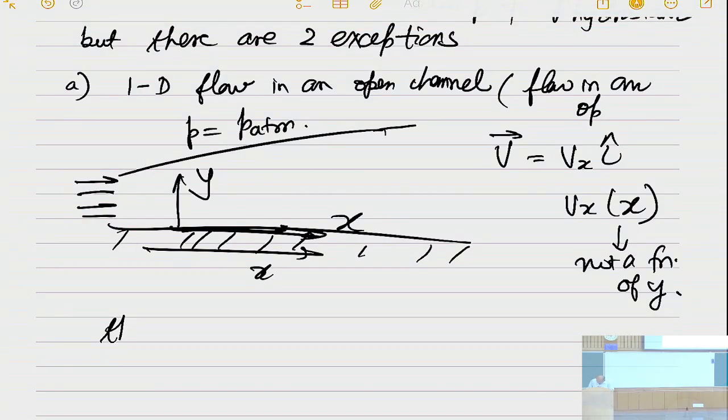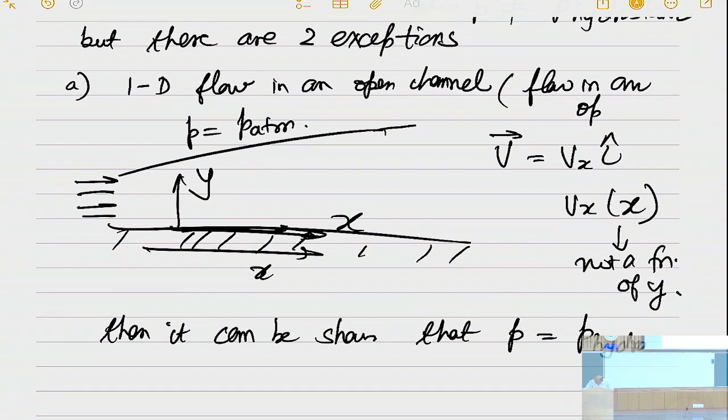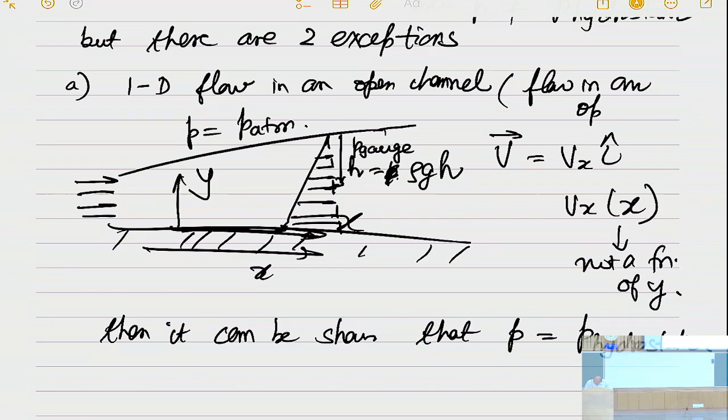Then, in this case, it can be shown that the pressure distribution can be taken as the hydrostatic pressure distribution. That means if I look at any x here, P gauge is equal to rho g h, where h is the depth.